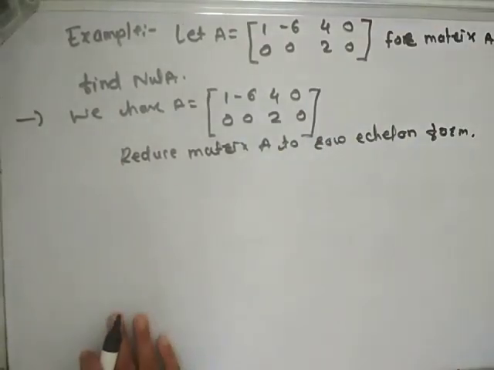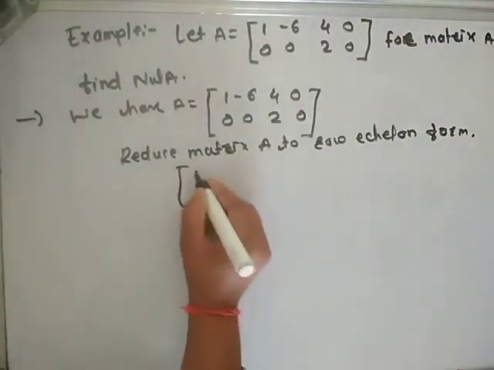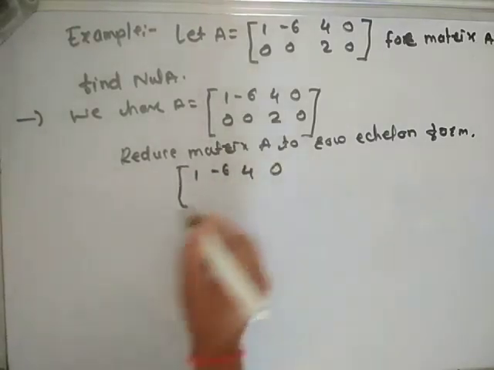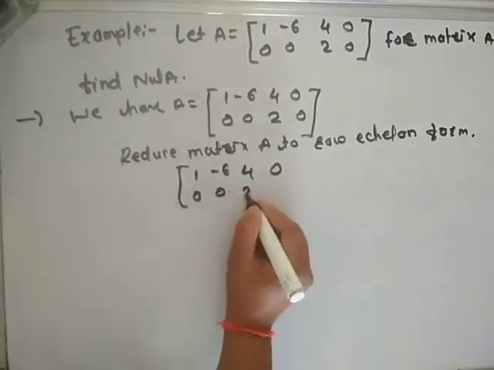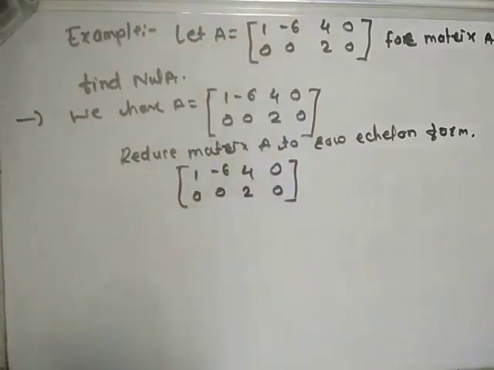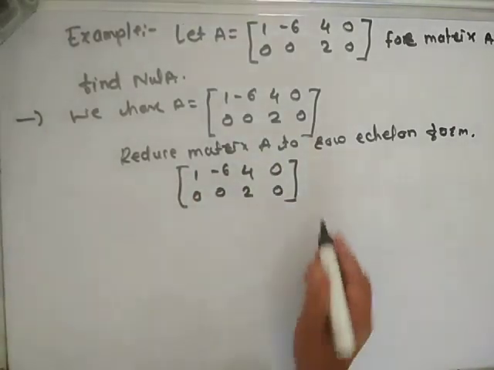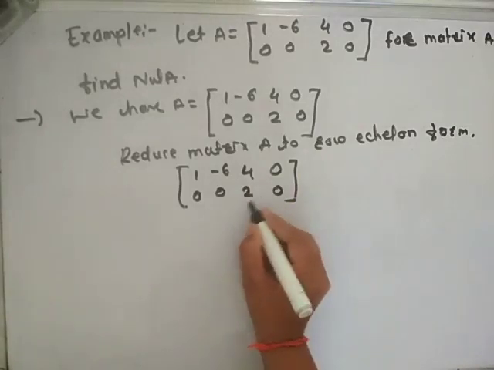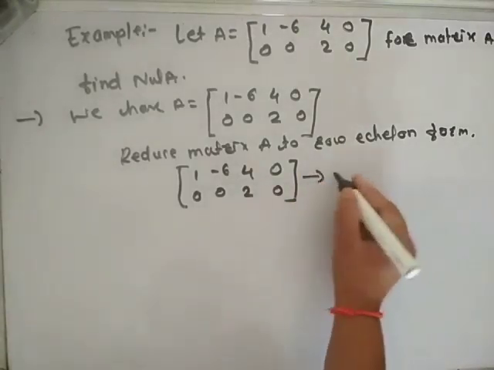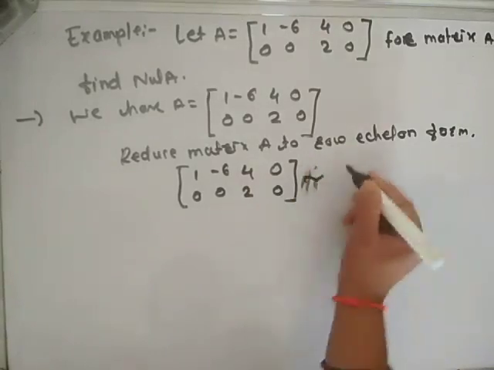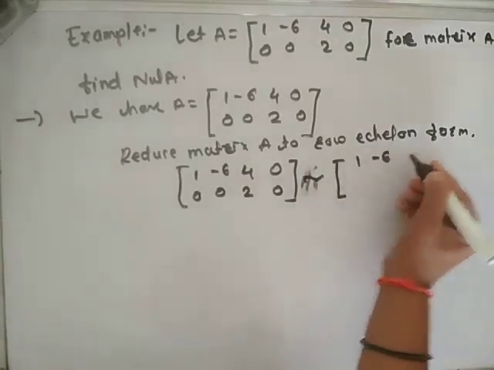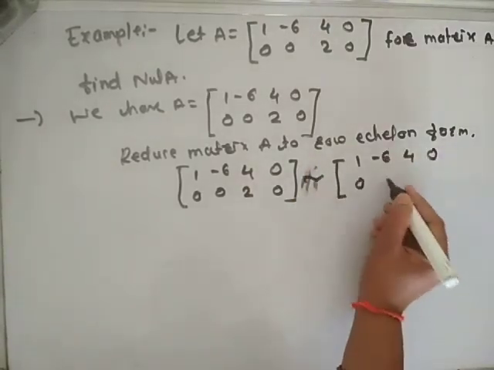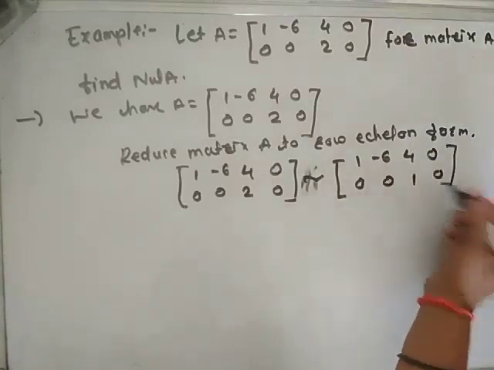Row echelon form for 1 minus 6 4 0 0 0 2 0. If here we make 1, this matrix will be equivalent to 1 minus 6 4 0 0 0 1 0.